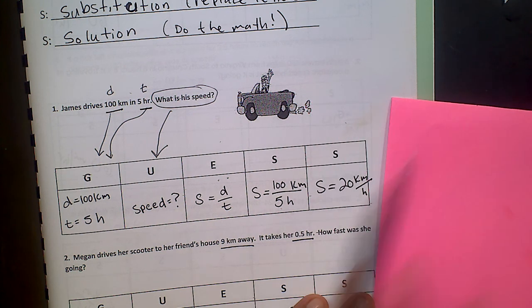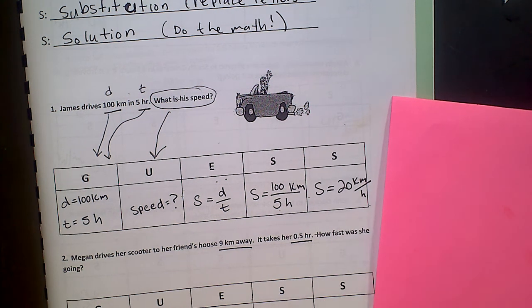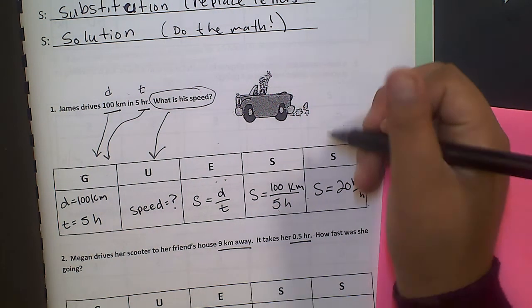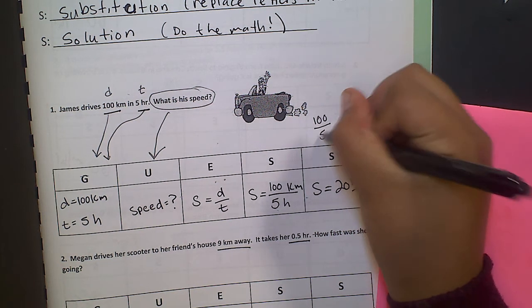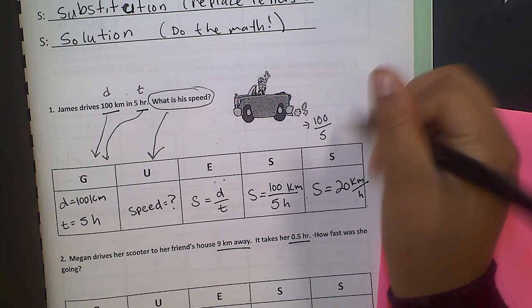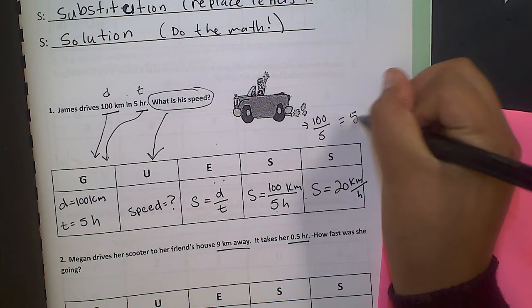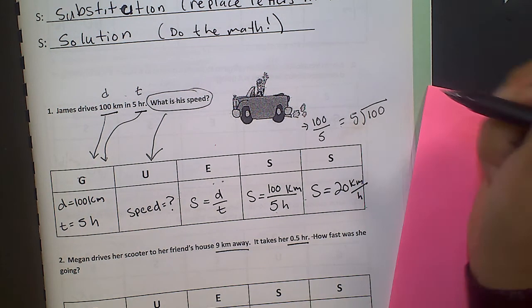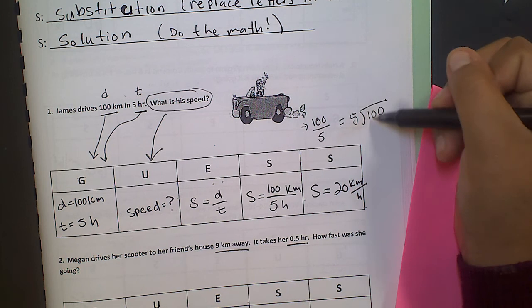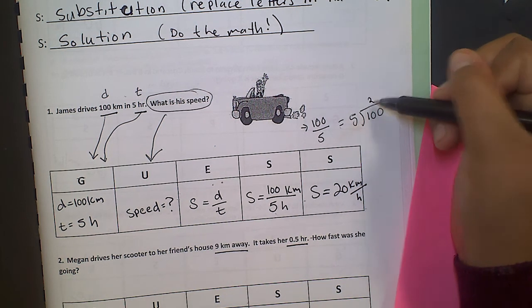Okay, now I'm just going to solve. I'm doing some division here. If you need a reminder on long division, 100 over 5, you push the numerator into your division house, like that. And then you can do some long division. 5 goes into 10 2 times.